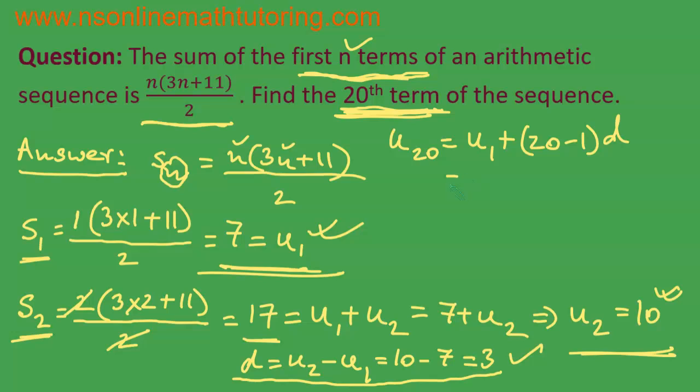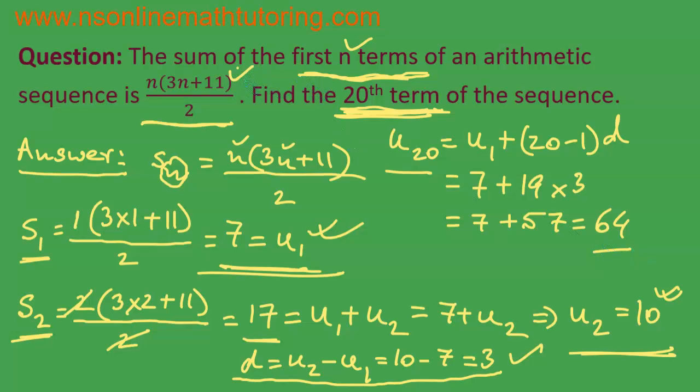And what is the value of U1? This is equal to 7 plus 20 minus 1 is 19. What is the value of D? It is 3. So, it is 7 plus 19 times 3 is equal to 57. And 7 plus 57 is equal to 64. So, U20 is equal to 64.